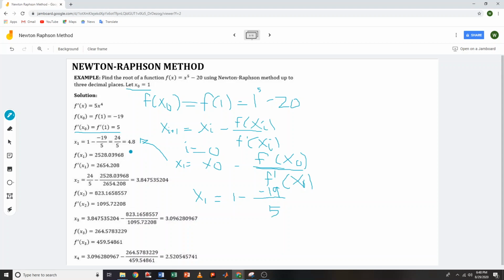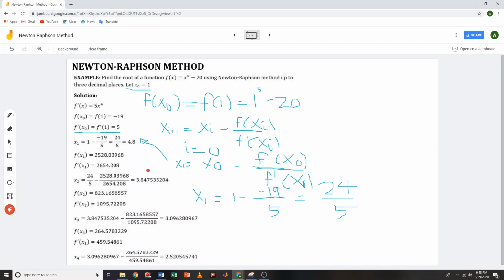So evaluating that, that is equal to 24 over 5. This is the result if we evaluate x1 using this formula.